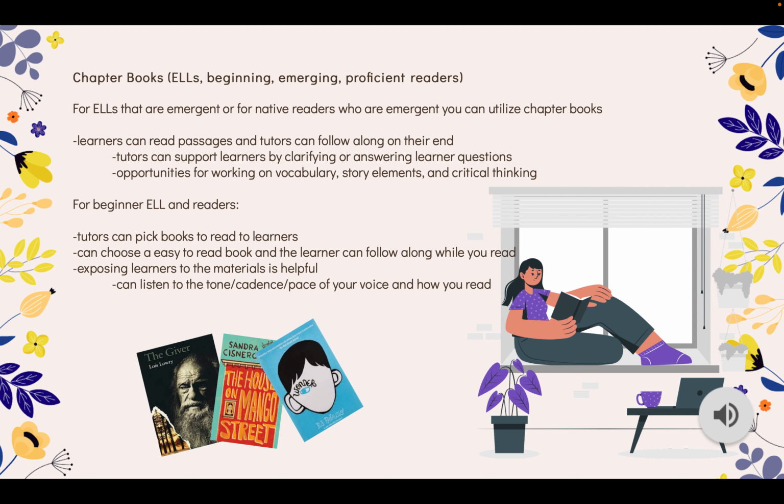By reading books, there are opportunities for working on vocabulary, story elements, and critical thinking. For beginning ELL and beginning readers, tutors can pick books to read to learners, or they can choose an easy-to-read book, and the learner can follow along while you read. Exposing learners to the materials is helpful because they can listen to the tone, cadence, and pace of your voice and how you read.